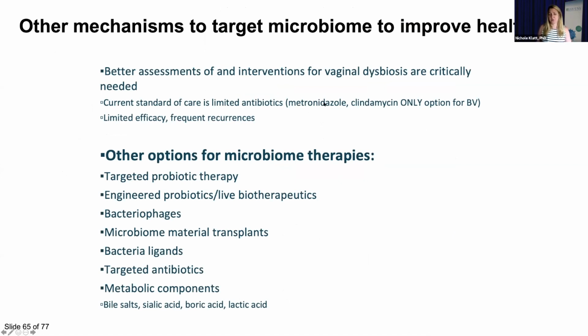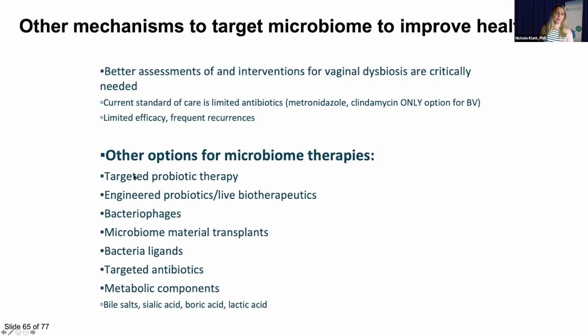Metronidazole is the first line, and it's also a horrible antibiotic that has a lot of side effects. And it just doesn't work. You have frequent recurrence. We have an ongoing study where we're seeing up to 70% recurrence within a month. So these are not good treatments. We need better treatments, and in general, even for the gut, for anything, we need better microbiome therapies.